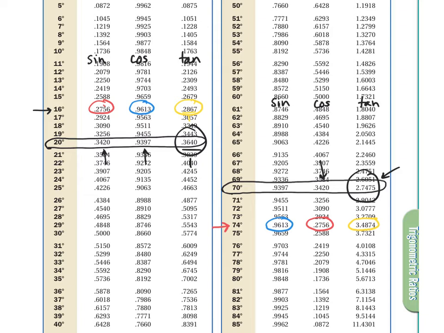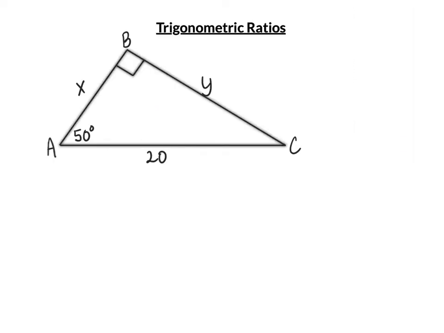Now let's see how you could use trigonometry to solve for sides in right triangles. In this triangle, we're trying to find x and y, and we're given that angle A is 50 degrees and the hypotenuse, the side opposite the right angle, is 20. Let's find x.